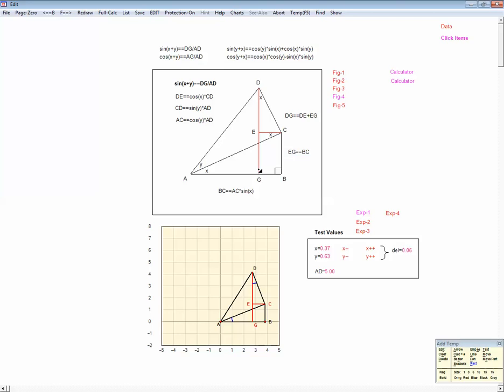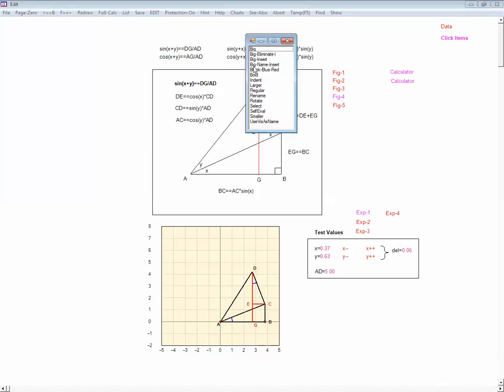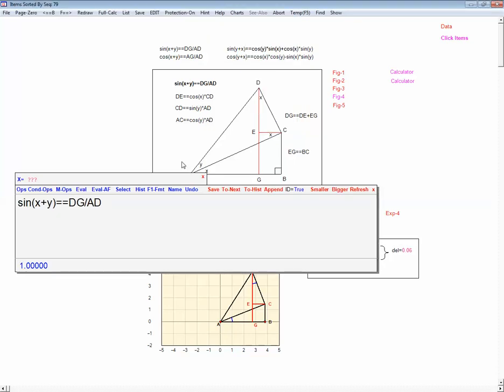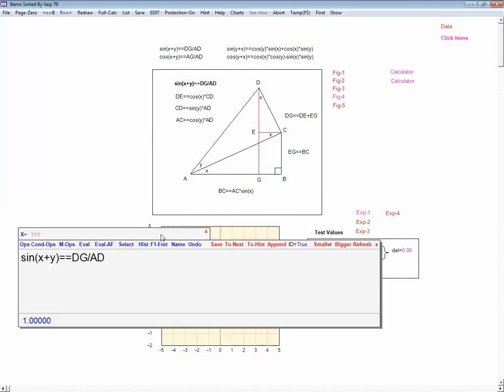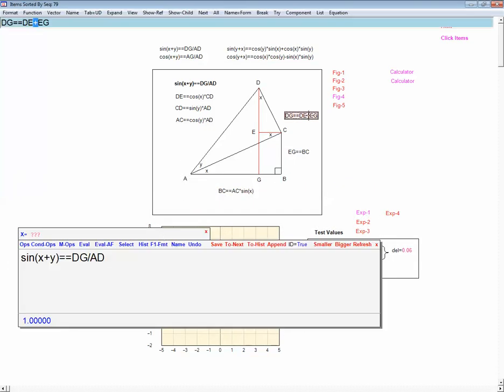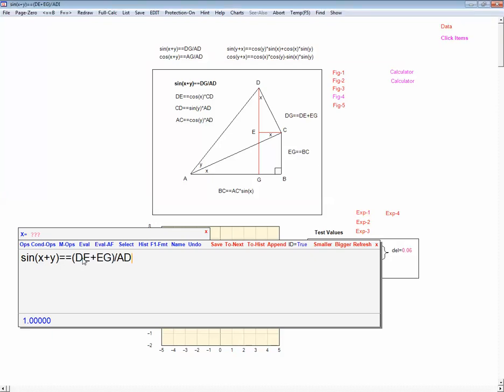So let's see how that all comes together now. We'll start with our definition of sine of x plus y, and we just start substituting. DG is the two pieces. And recall that this plus here is eventually going to become this plus up here. That's why there's a plus in the formula.